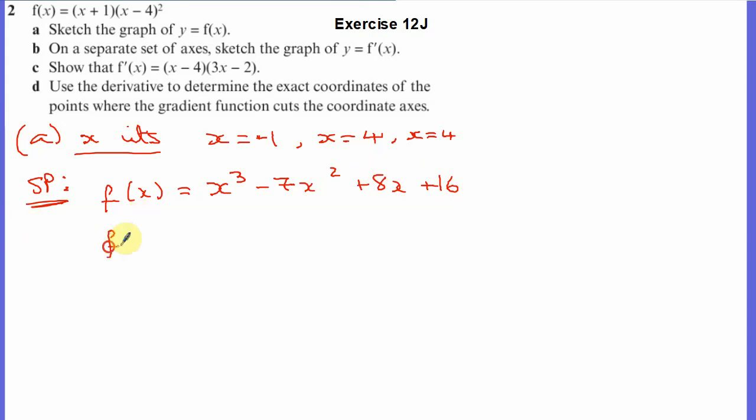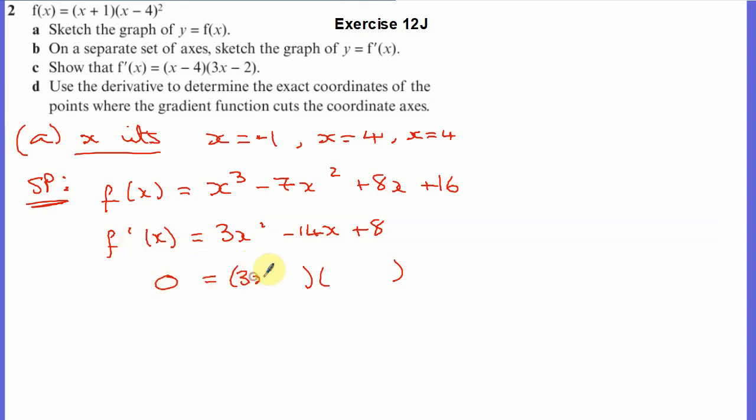And then when I differentiate, I am going to get 3x squared minus 14x plus 8, and then I factorize that to find the solutions, because for the stationary points, I need to set it equal to 0.